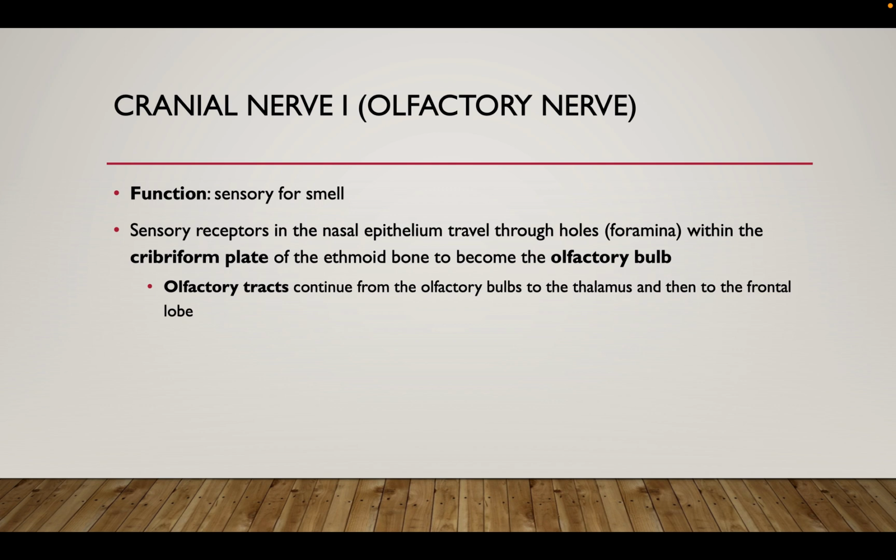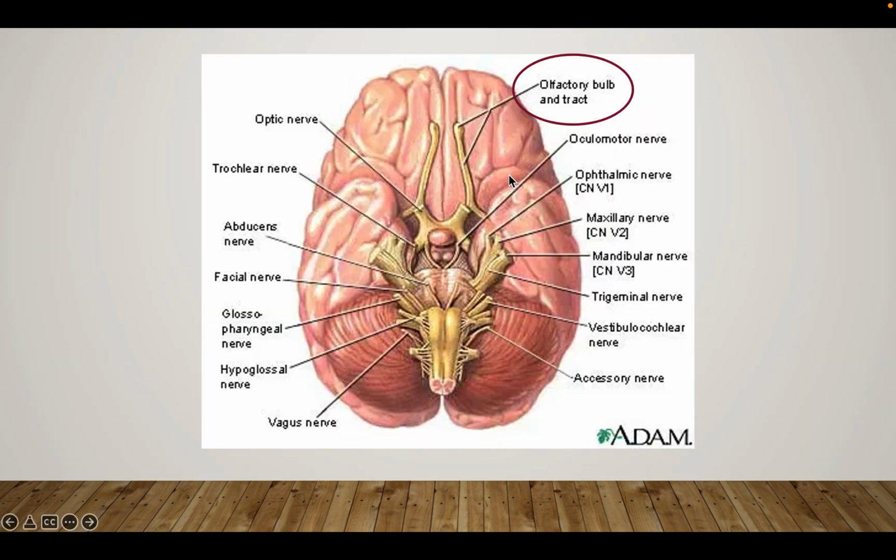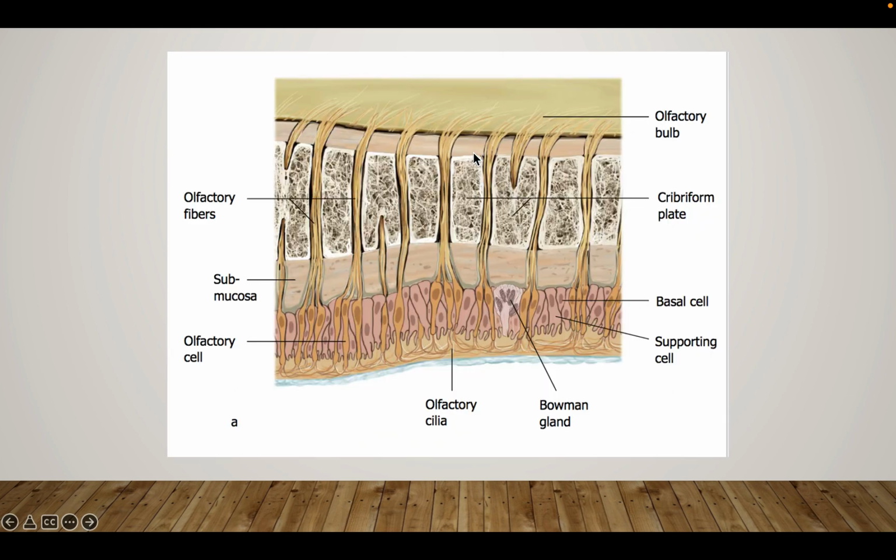Okay, now if we take a look here. Here we can see olfactory bulbs and tracts. And so these are technically not the nerve. This is technically not the olfactory nerve. This is the olfactory bulb and tract. And when we look here we can see the actual nerve fibers traversing this cribriform plate, these cribriform foramina, into your nasal epithelium, okay, your nasal mucosa.